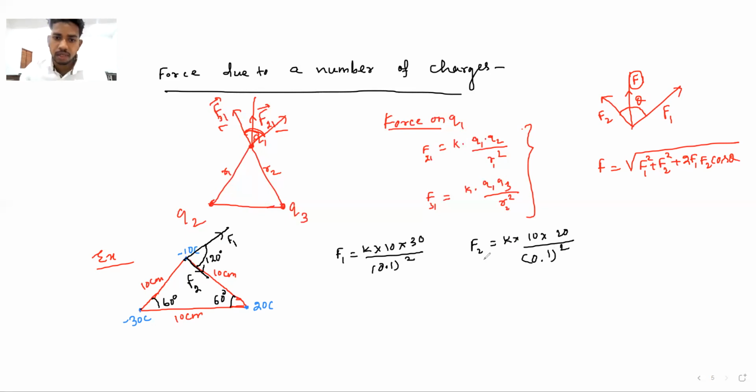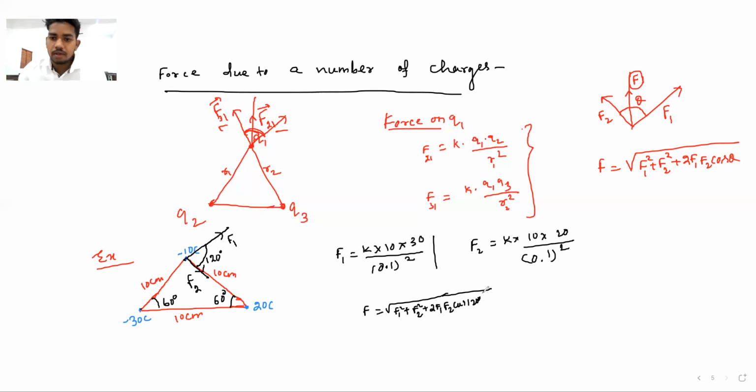So this is F1 and F2 value, and then you can find F by taking square root F1 square plus F2 square plus 2 F1 F2 cos 120. Cos 120 value is minus half. So after using it, you can find the answer.